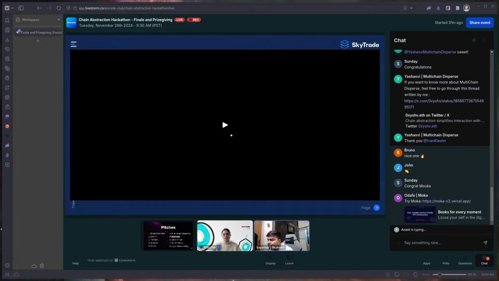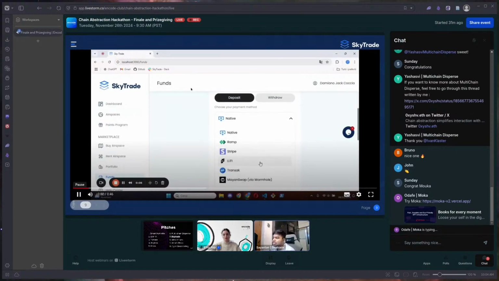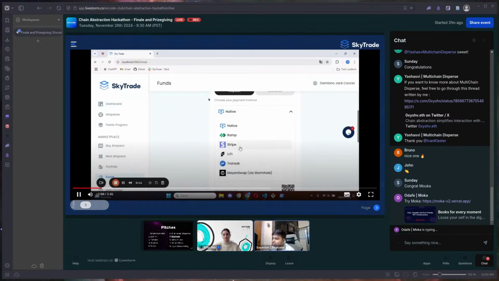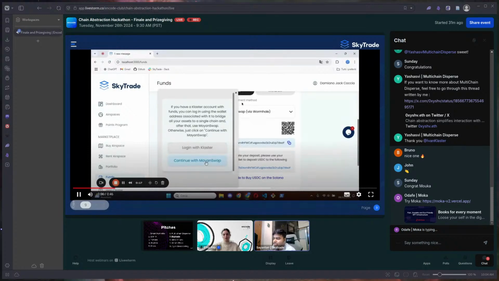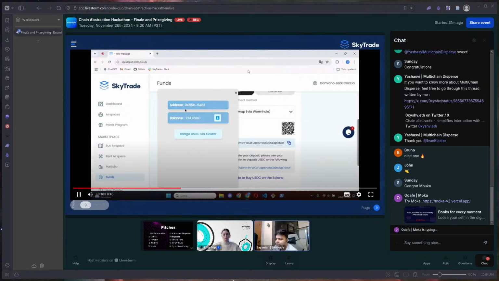Now I'm going to show you a demo where, with the help of Cluster SDK, a drone owner can connect their UI. So here is our wallet UI, and you can choose several payment methods. Now we will use Cluster SDK. The drone owner can connect their wallet with our wallet UI. They have used MetaMask for now. Once connected, we can see the address and the total USDC across all the chains that the drone owner owns.